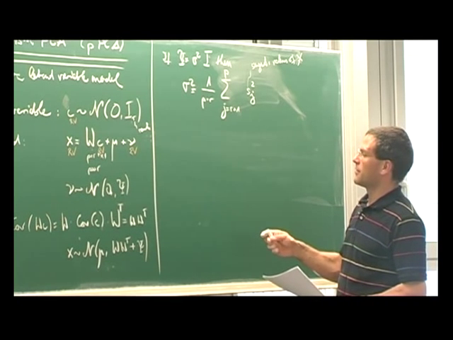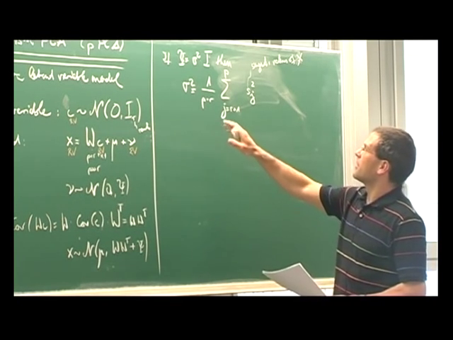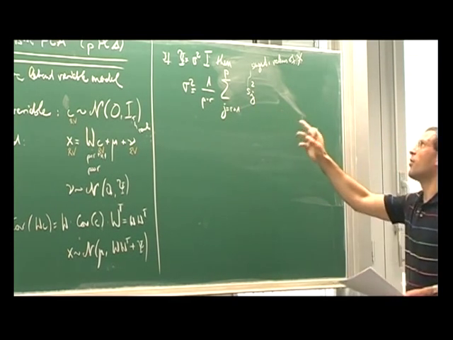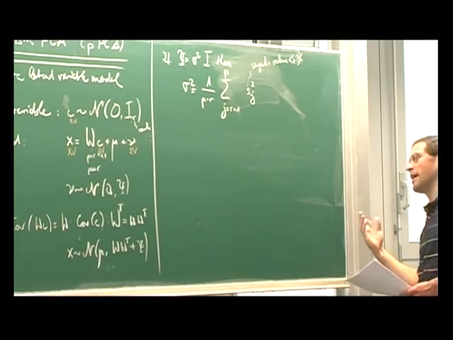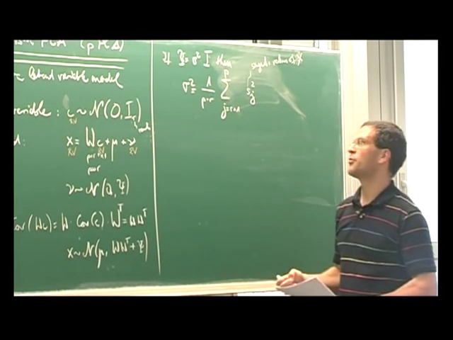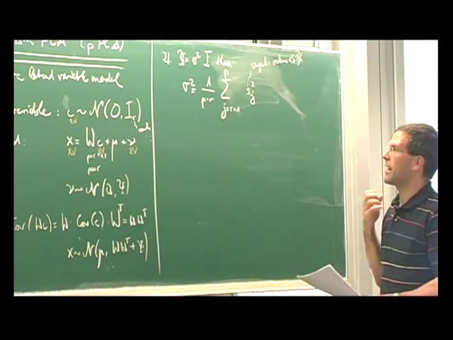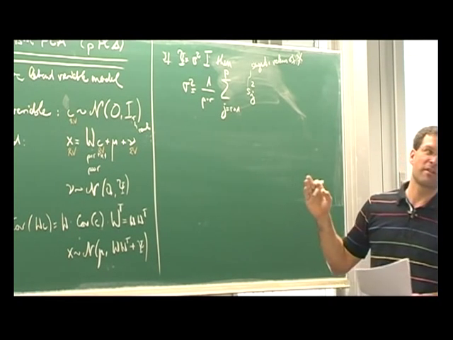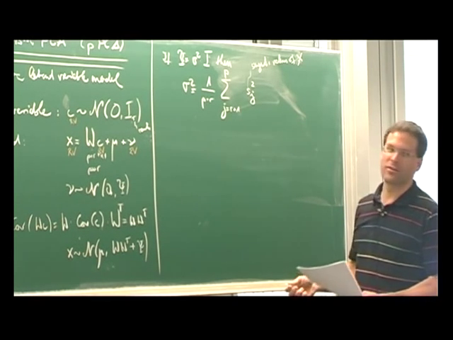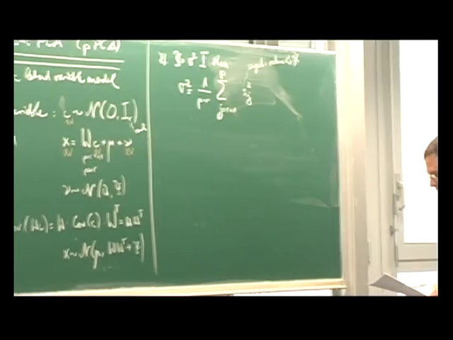And this noise level here is just the average of all those singular values that lie outside the subspace that you're looking for. So you find a low rank approximation, and everything that doesn't fit into this low rank approximation is averaged across the dimensions and considered as an average noise level.